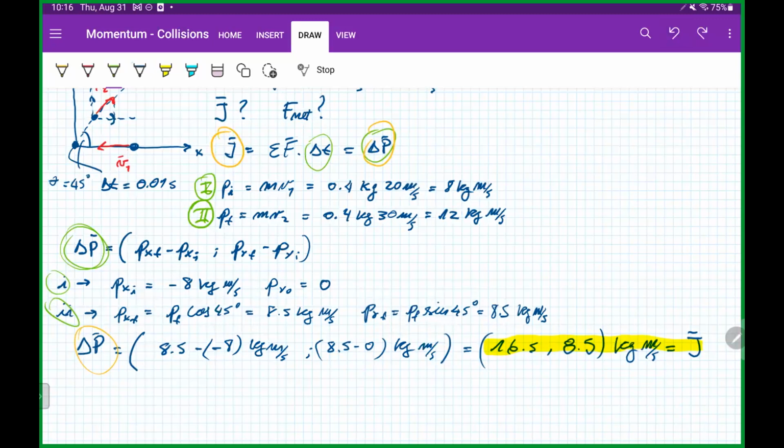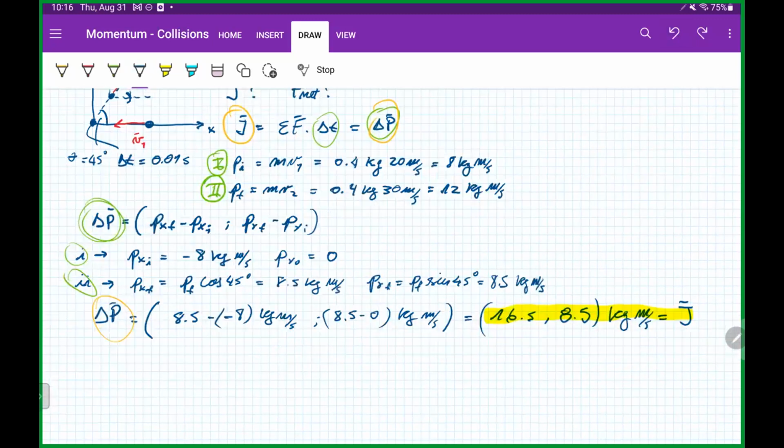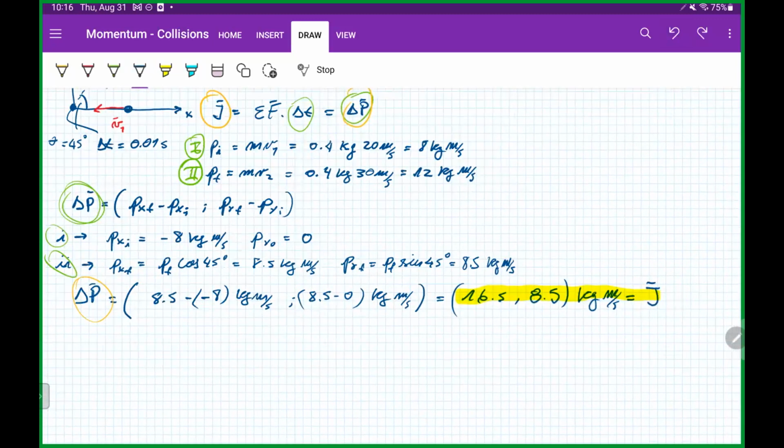All right. If there are no questions, let me just move on to the force, right? So now we have J, the impulse, which is equal to, let's put it this way, Jx, Jy, both components of the vector.